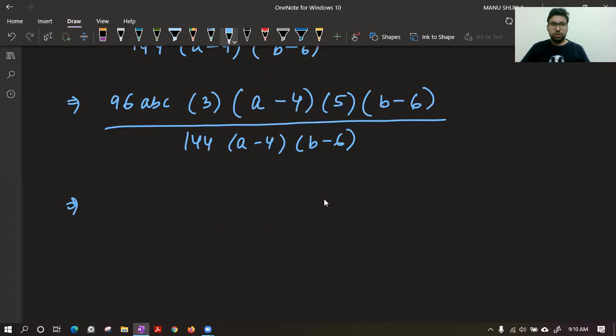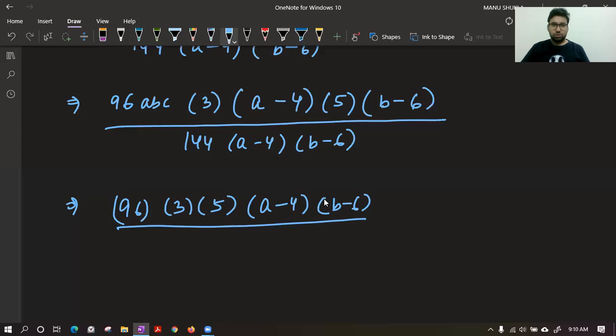Now let us write them together. 96, 3 and 5. Then we have a minus 4, b minus 6 upon 144, a minus 4, b minus 6. So I have rearranged the numbers by the property known as commutative property. So we can cancel a minus 4, we can cancel b minus 6.